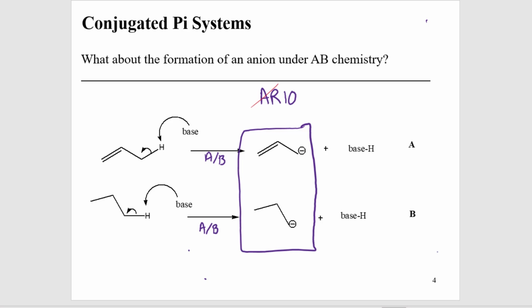Then you go to resonance, and you realize, oh wait, they're both primary, but the top one has resonance stability. Therefore, the anion formed in A is conjugated and has resonance stability. So of these two, I would assume that A is the better acid.